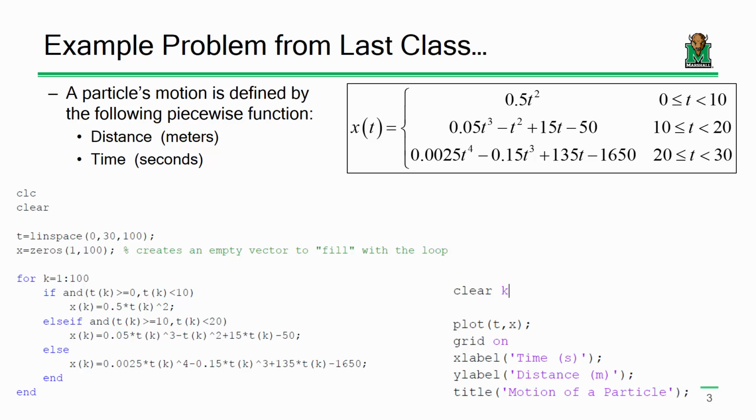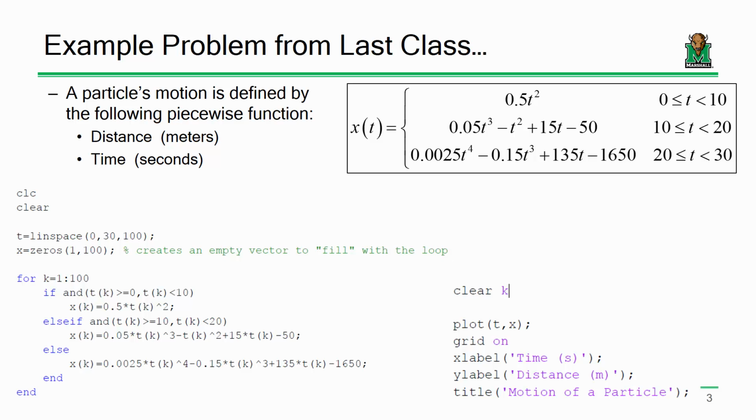And then if neither of those 2 have happened, then the last thing that will by default occur is the else. And then the other component I wanted to point out is the AND statement here. And both of the situations have to be true inside of that AND statement. So the time has to be greater than or equal to 0, but less than 10.